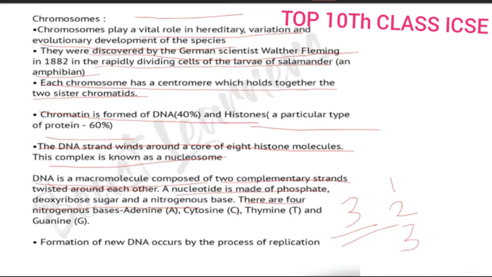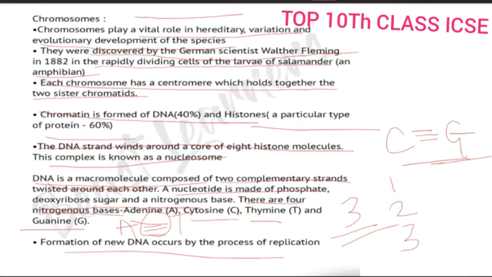There are 4 nitrogenous bases: adenine, cytosine, thymine, and guanine. It is very important to know that adenine pairs with thymine with 2 hydrogen bonds, and cytosine pairs with guanine with 3 hydrogen bonds. This is very important. Okay, this also you have to add.